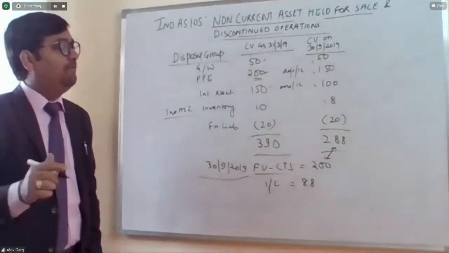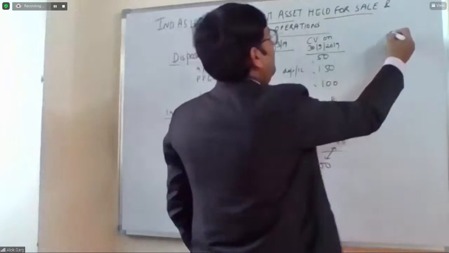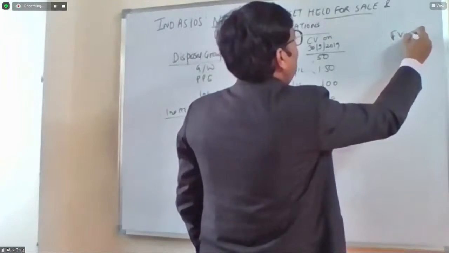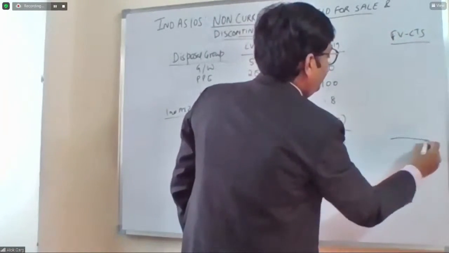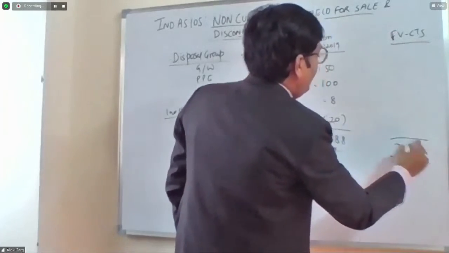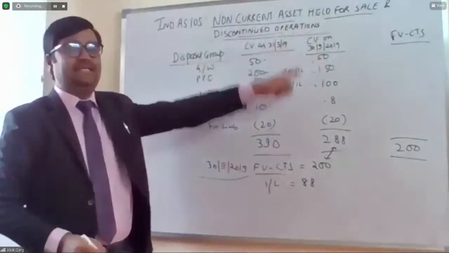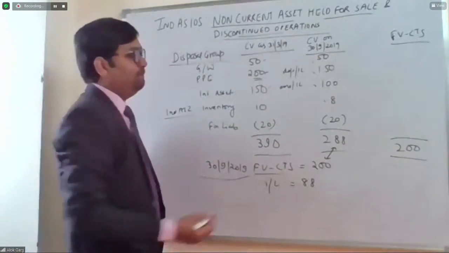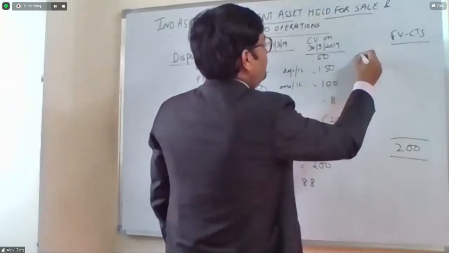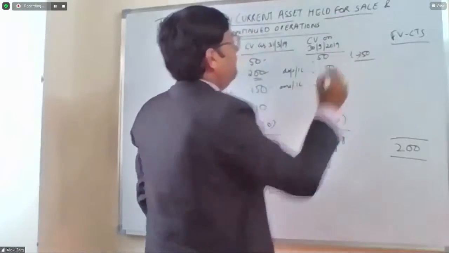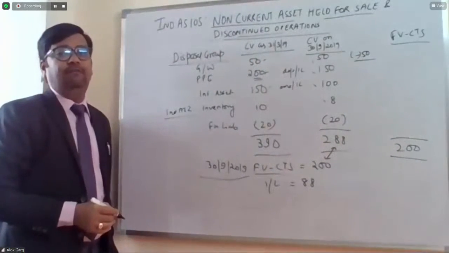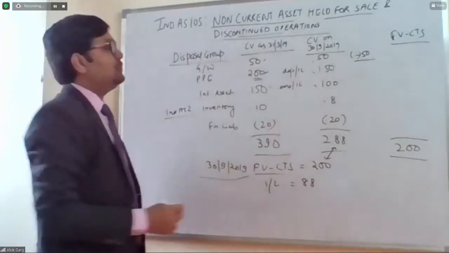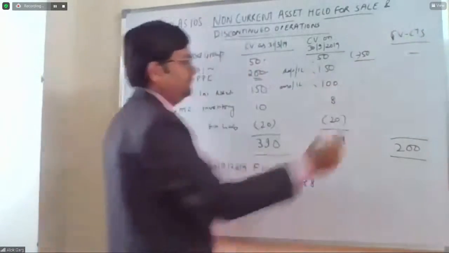So first of all, the fair value less cost to sale is your 200. So now you have to impair these particular assets or liabilities also. So what will happen? So friends, first of all, we need to strike off my goodwill. We need to remove the goodwill. Okay. So this goodwill will become 0.